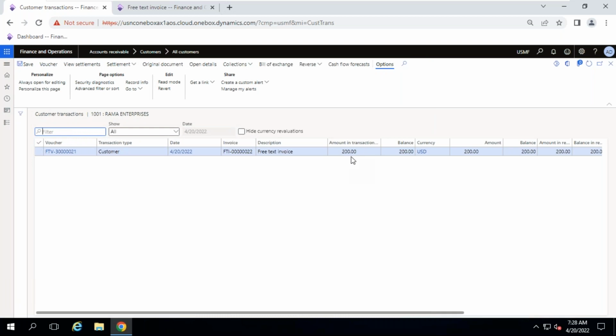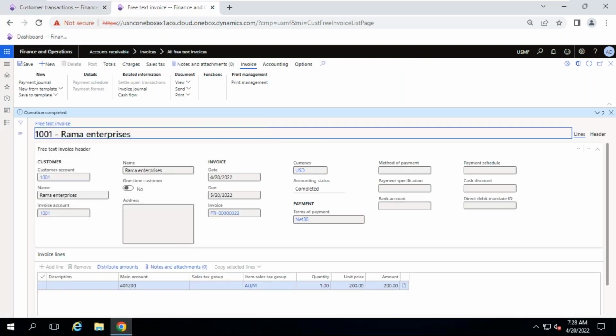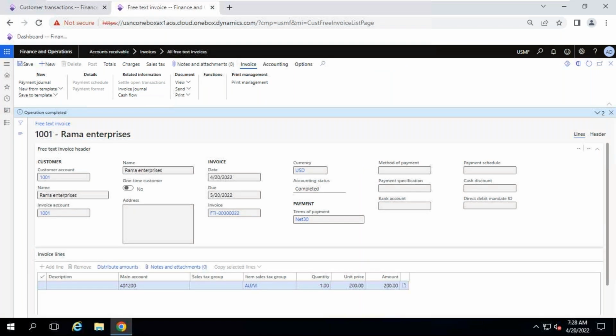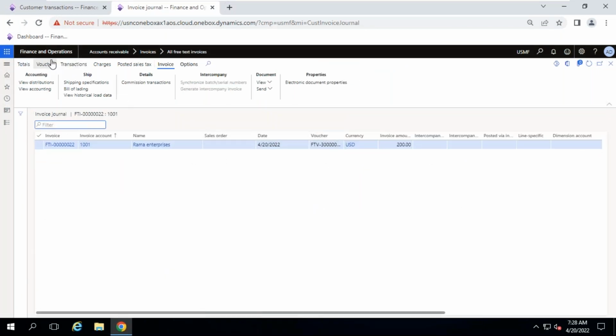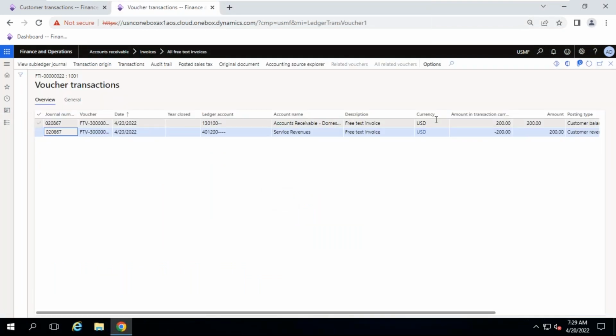Without any sign means it is positive. Now if you verify the invoice journal voucher, the customer account is debited, accounts receivable domestic, it is customer balance debit, and the revenue account is credit.